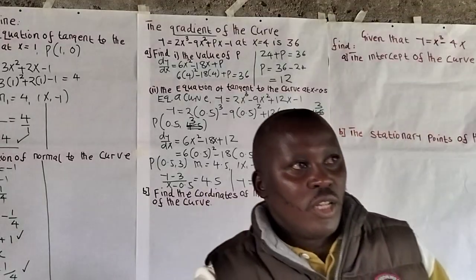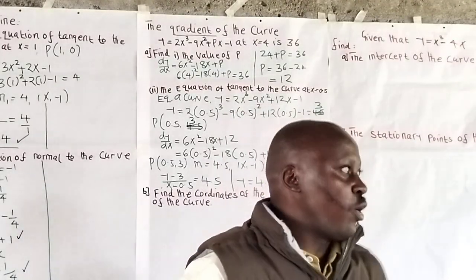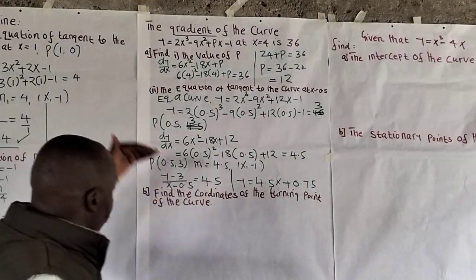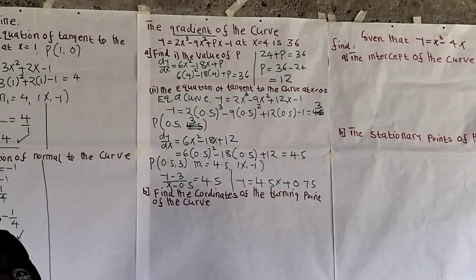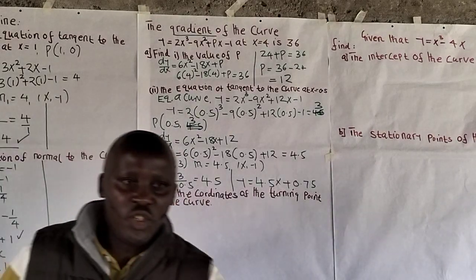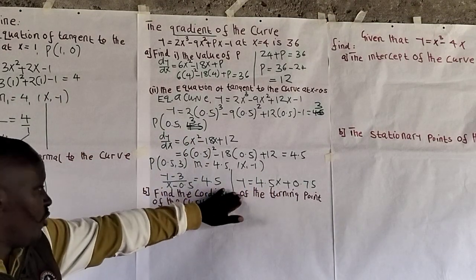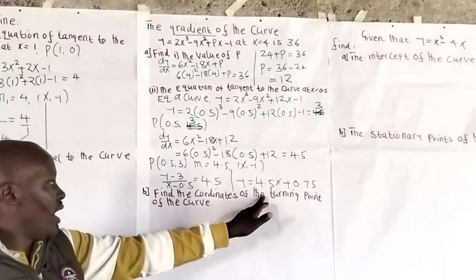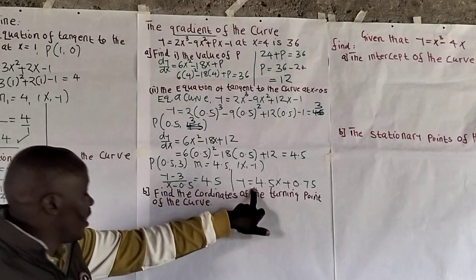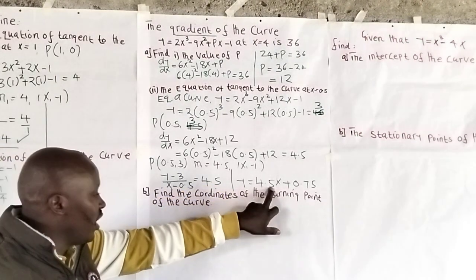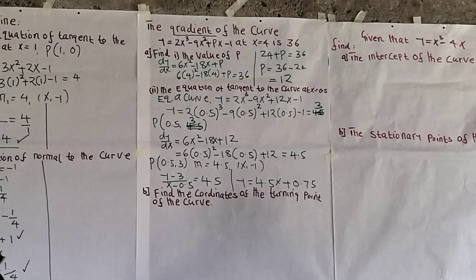You go back to form 1, form 2 work, on how to get the equation of a line, where the gradient is the change in y coordinates over the change in x coordinates. And in linear form, you will get that the equation of that tangent is equal to 4.5x plus 0.75.